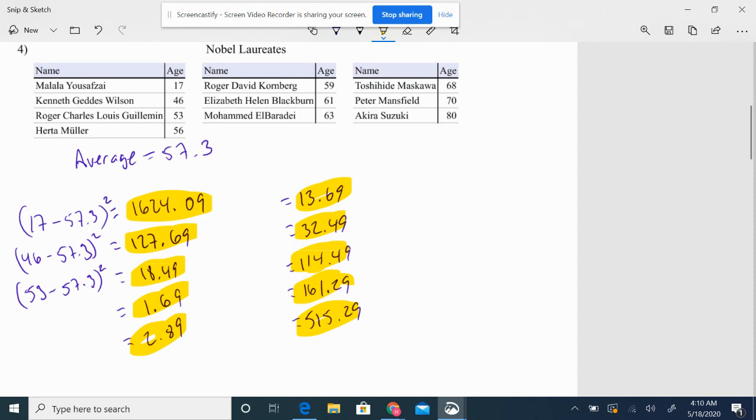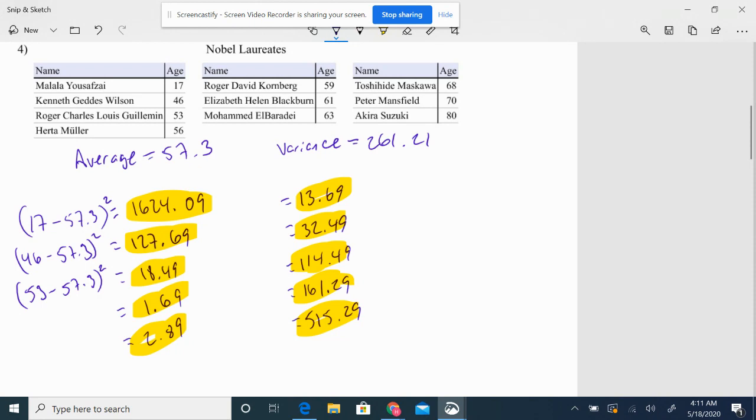All right, if I add them all up, I have 2,612.1. So the average of that, I'm going to say the variance. The variance is the average of my numbers that I have highlighted. The variance is 261.21.